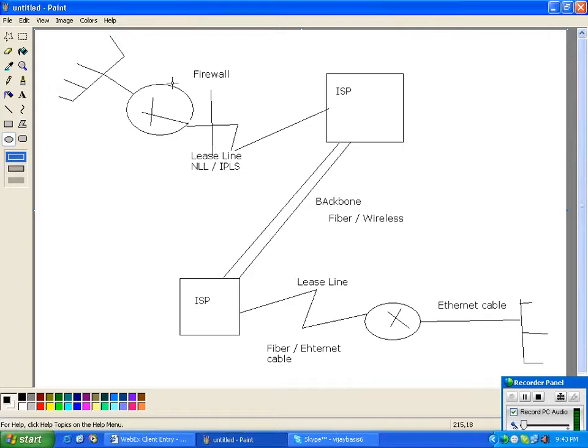All the networks. This is my complete network. The complete network connections will go out of my company from this router. When it goes out of this router, I can implement a firewall here.